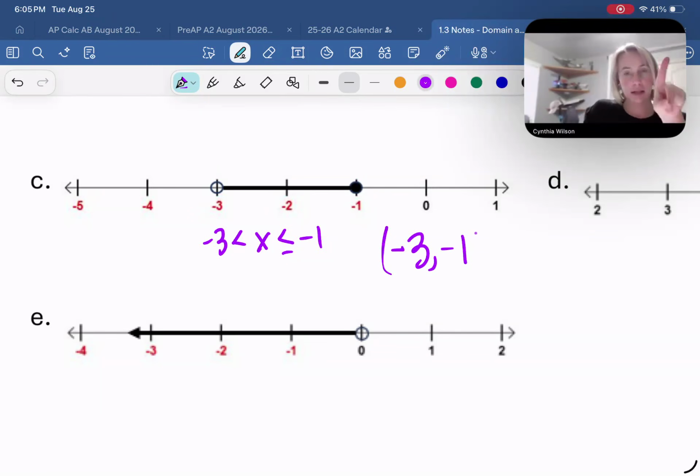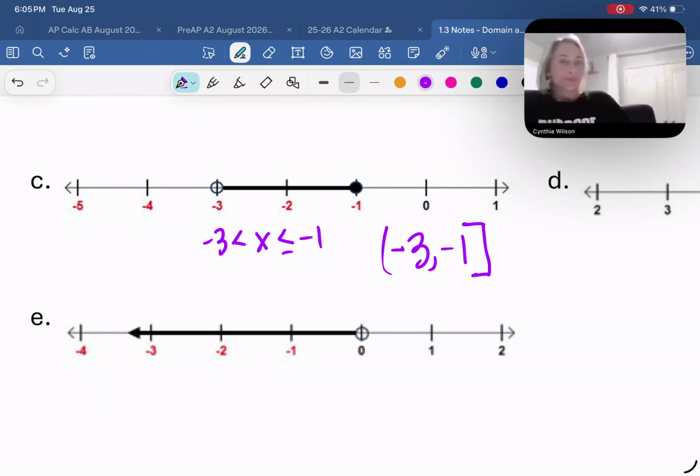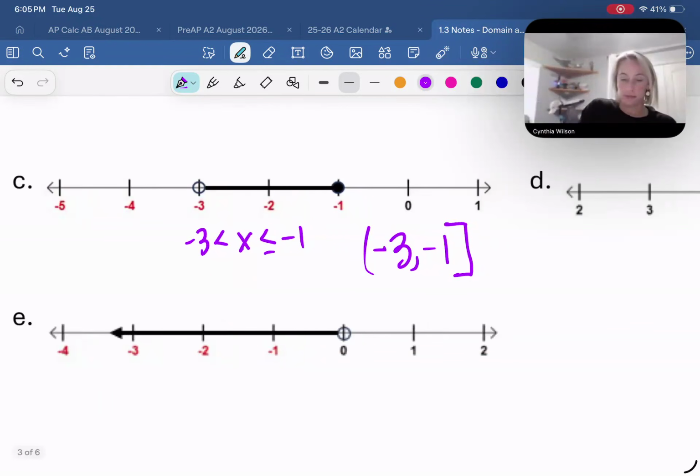So I see the parentheses around the -3, and then I saw a whole bunch of you already put the bracket around the -1. So you can mix the symbols. They don't all have to be both parentheses or both brackets. You can mix them.